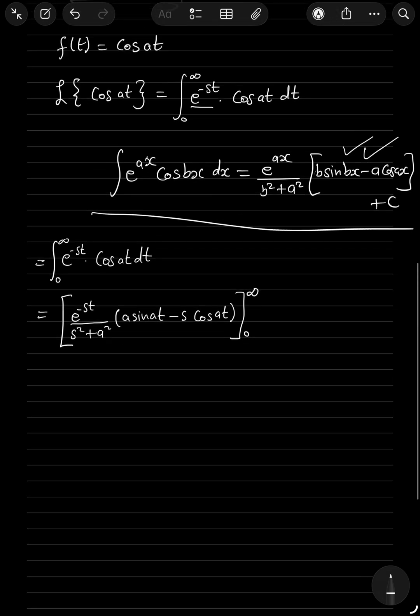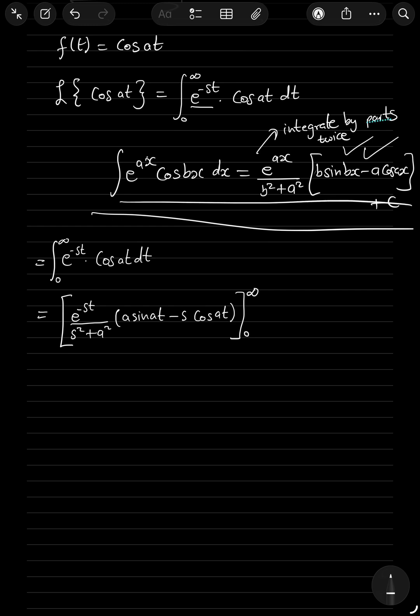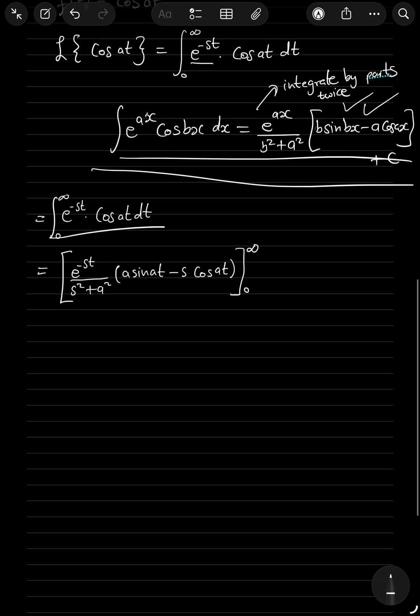In order to get to this point, you just integrate by parts, twice. You need to integrate by parts twice to get to this form. So that's what you did. Once you're here, you just substitute infinity, where there's two, substitute infinity.